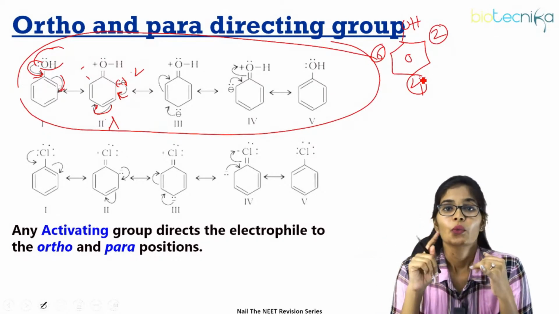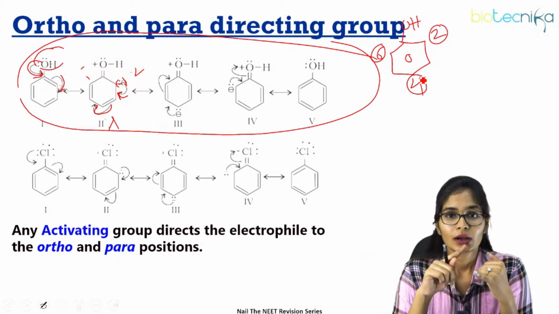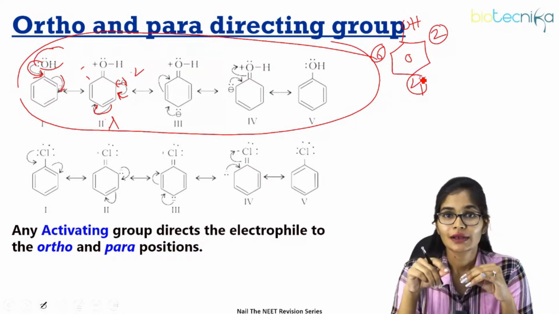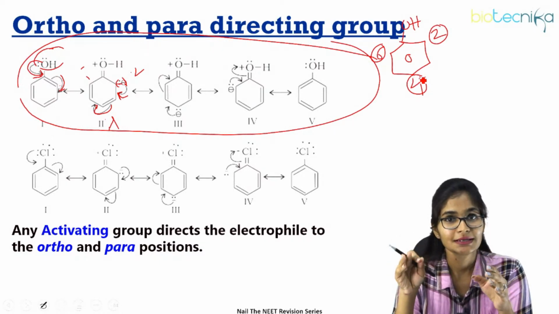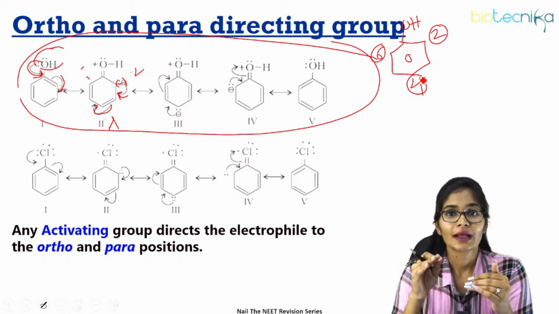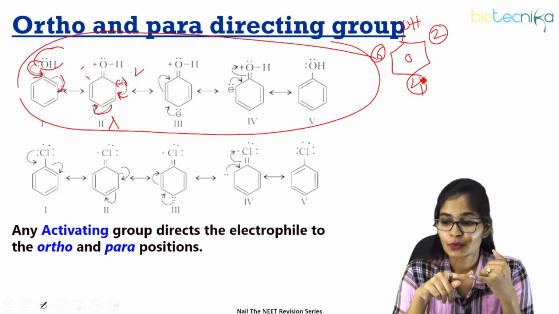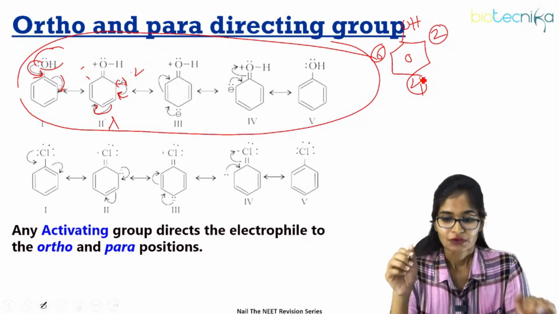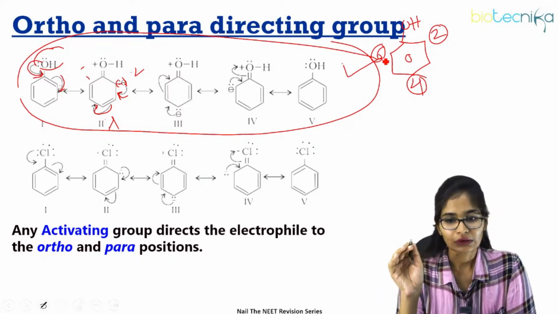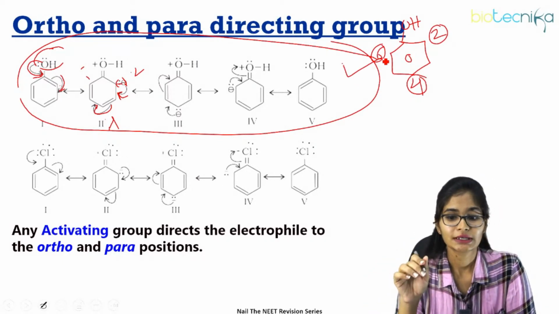All right. So you have to conclude one thing, that whenever you have electron donating groups, they are ortho para directing groups. In the sense, the upcoming electrophile can attack either the second position, fourth position, or sixth position of the benzene ring. So this is what ortho para directing means with respect to EDG.